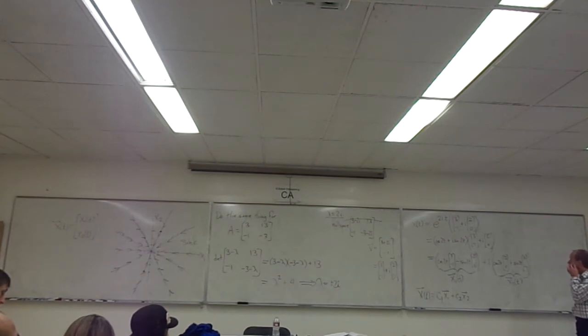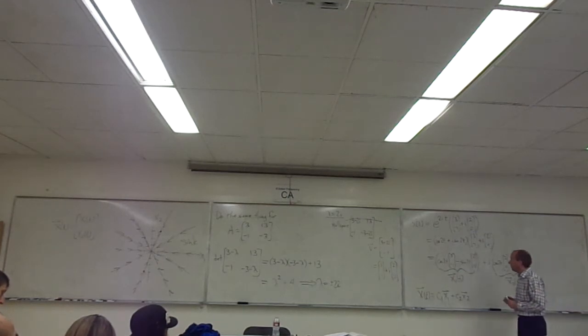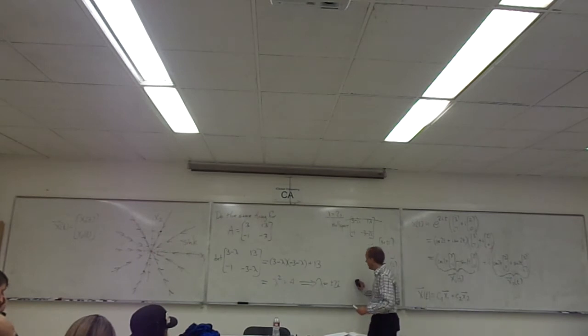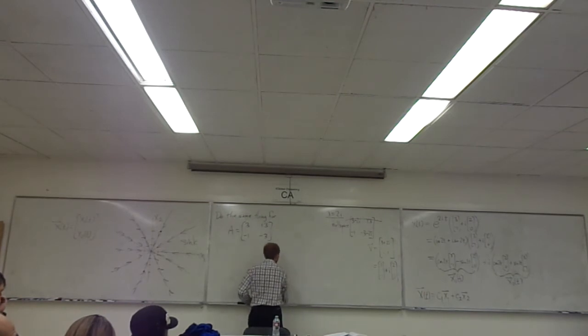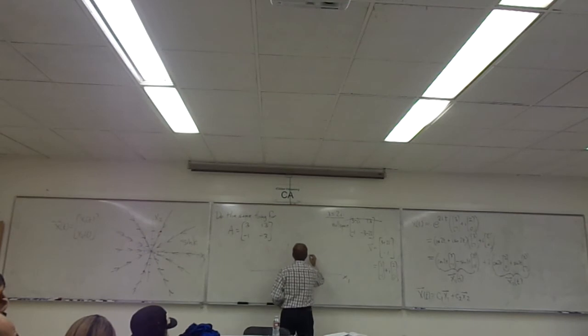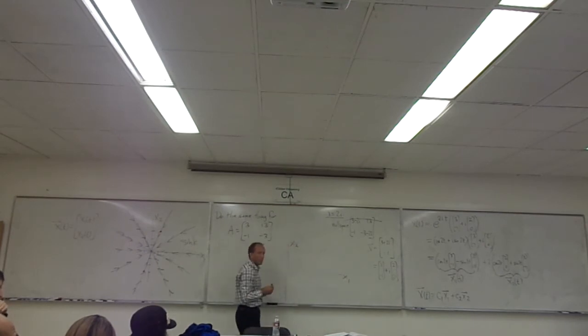Now, let's suppose that I wanted to graph the phase portrait for this. I'm going to go ahead and I don't need any of this anymore. The phase portrait for this system. Okay.